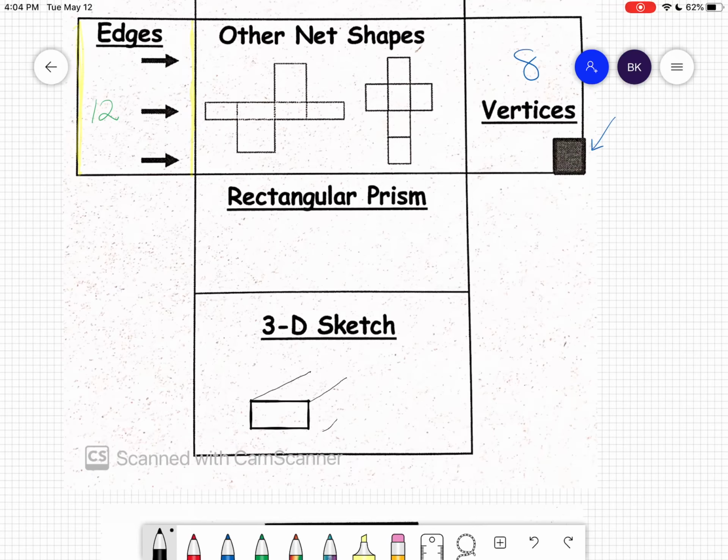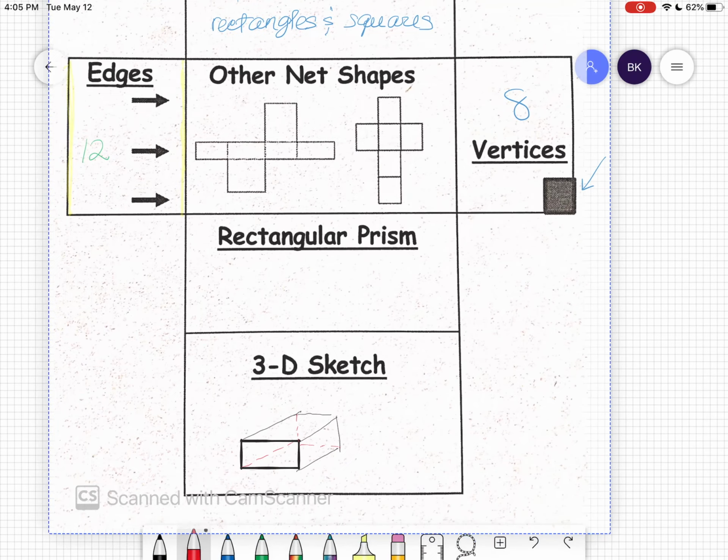So 1, 2, and 3, and then connect vertically, parallel to this edge. And here we see a rectangular prism. We do not see the depth of it. So I'm gonna drop in another parallel line, and the parallel line goes this way and then right here. So now you can see the depth of it. You can see the sides, okay?